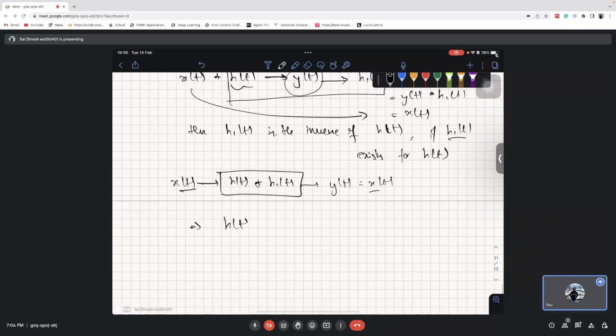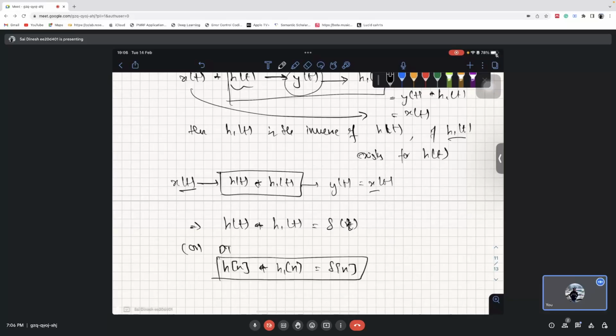When h of t convolved with h1 of t is equal to delta of t, or in the discrete time case, h of n convolved with h1 of n gives delta of n. In that case, this is known as the inverse.